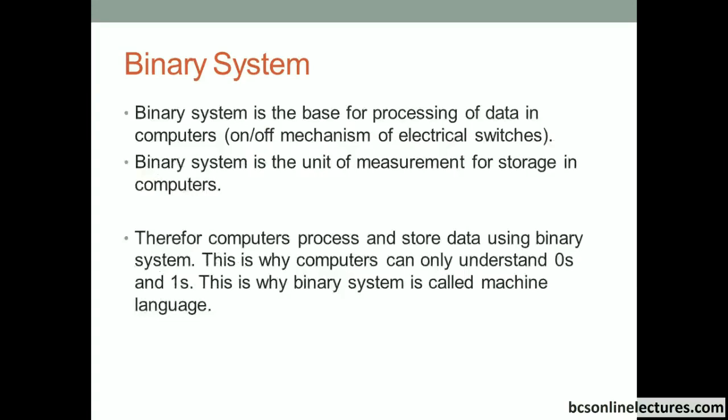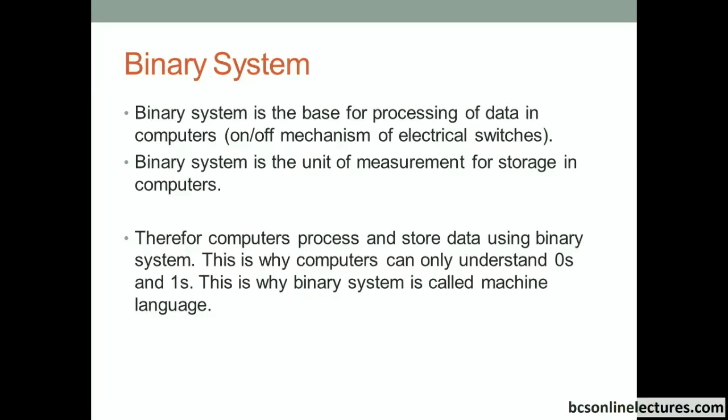The binary system is the base for processing of data in computers. Actually, that means understanding or manipulating presence and absence of electric current, right? The binary system is the unit of measurement for storage in computers. Bits and bytes, right?